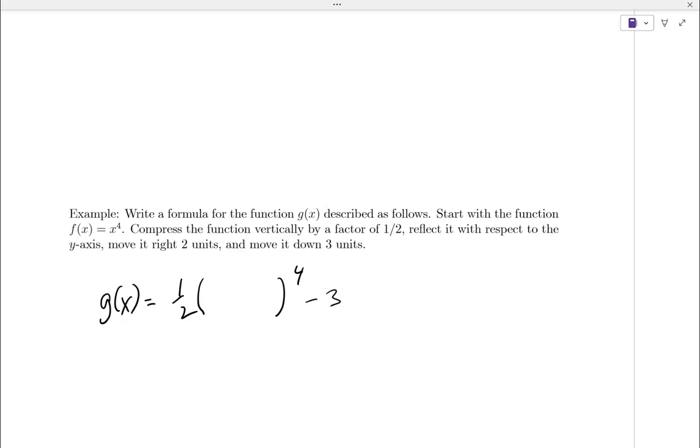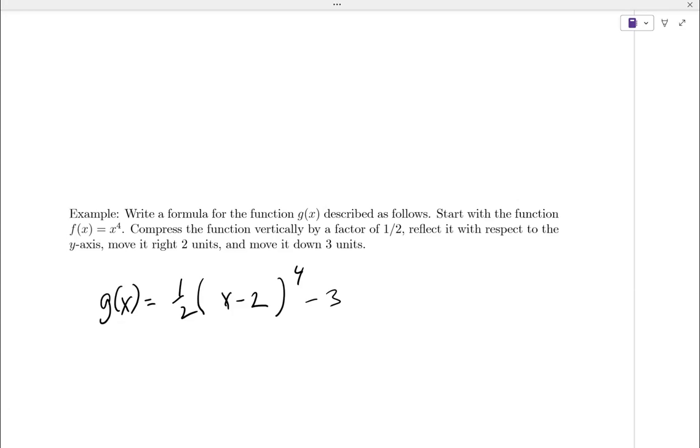Let's do the horizontal shift before we worry about the reflection. Move it right 2 units. Yeah, put a -2 inside the parentheses like that, right? I need an x -2. We agree with that? Okay.